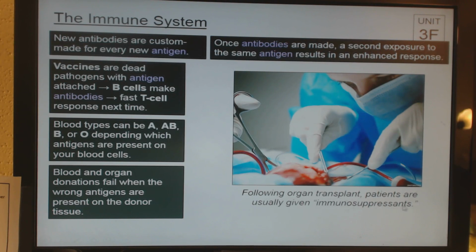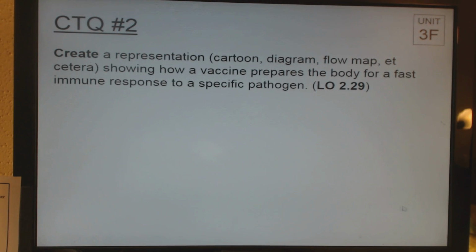These are drugs that suppress the immune system, so it inhibits the ability of B cells to generate antibodies and T cells to recognize and kill those pathogens attached to those antibodies, and the organ eventually gets accepted, I guess. I'm not really sure about the medicine behind that, how the organ eventually gets accepted. But yeah, anyway, okay.